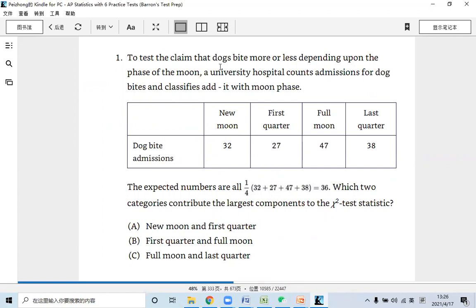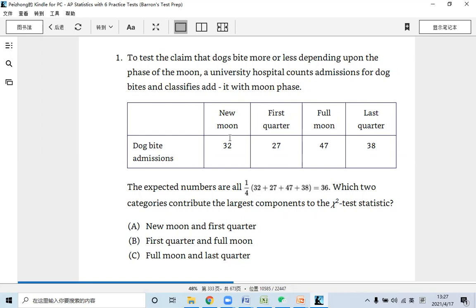To test a claim, the dog bites more or less depending on the phase of the moon. A university hospital counts admissions for dog bites and classifies them by moon phases. So basically, dog bite admissions at the hospital: new moon, first quarter, full moon, last quarter. And you would get, say, this is the observed value.